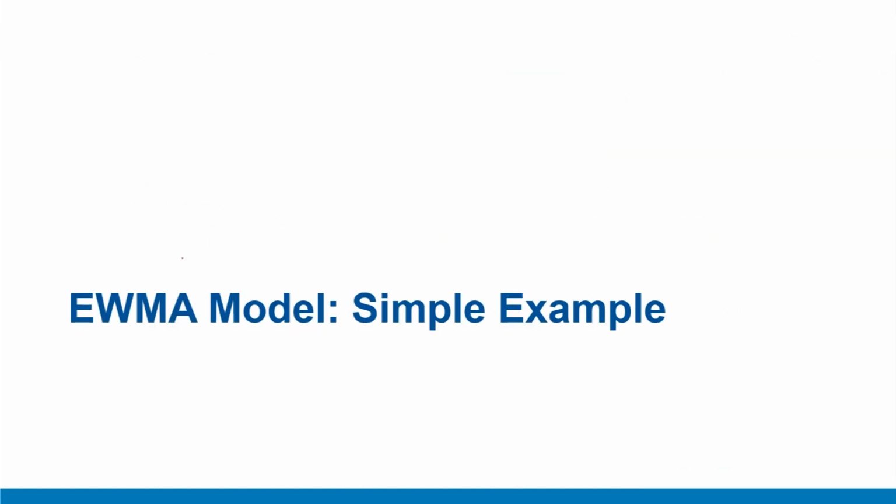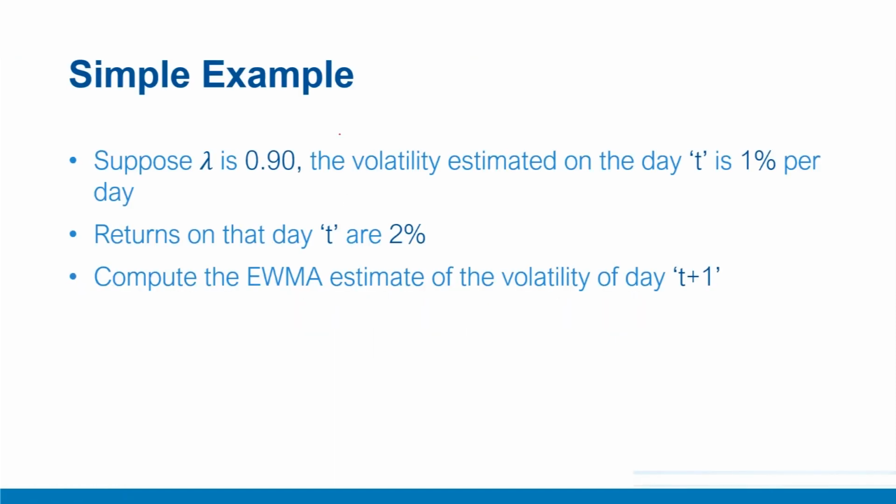In this video, we'll try to understand the mathematical workings and theoretical underpinnings behind the EWMA model with the help of a simple example. Consider the following information. The decay factor lambda is 0.9. The volatility estimated on day t, that is sigma t, is 1%.